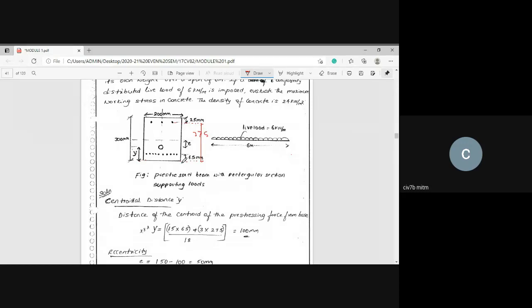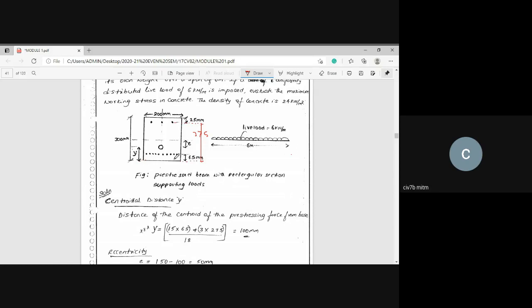Like this we need to calculate, because while calculating the centroidal distance we always need to consider a reference. It may be for a section or it may be for steel. Now I am calculating the centroidal distance for the steel, where exactly I need to induce the pre-stressing force, measured from the base.